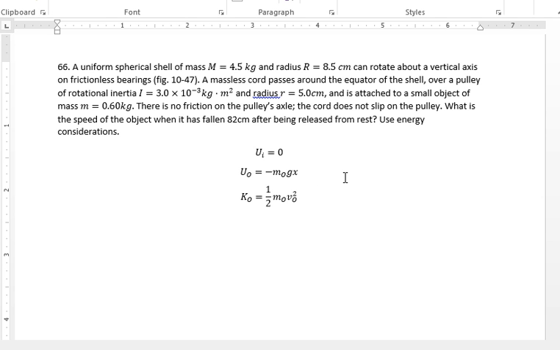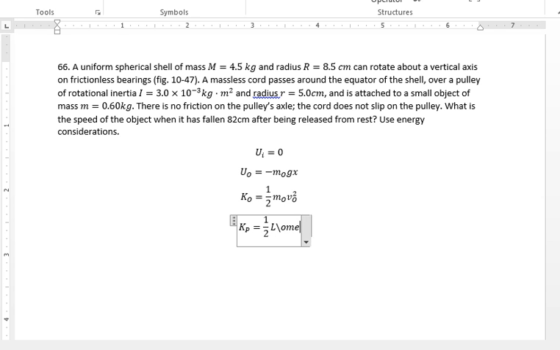Then there is the kinetic energy of the pulley, which is 1/2 I omega squared.